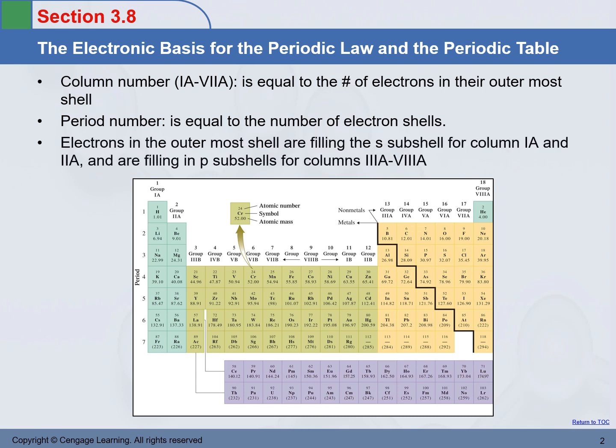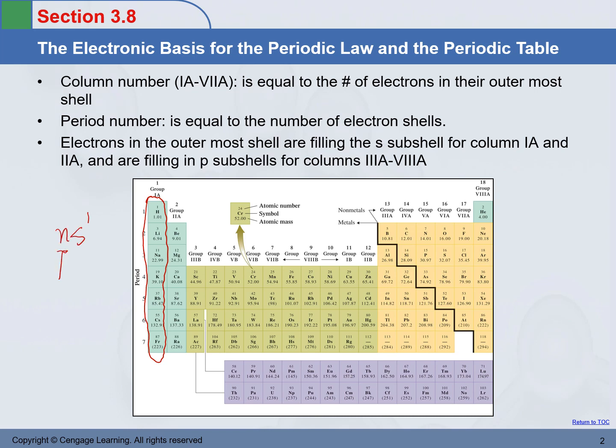Electrons in their outermost shell are filling the S subshell for column 1A and 2A, and are filling P subshells for 3A to 8A. All right, so we all know that for elements in column 1A, the electron configuration of the outermost shell will be nS1.